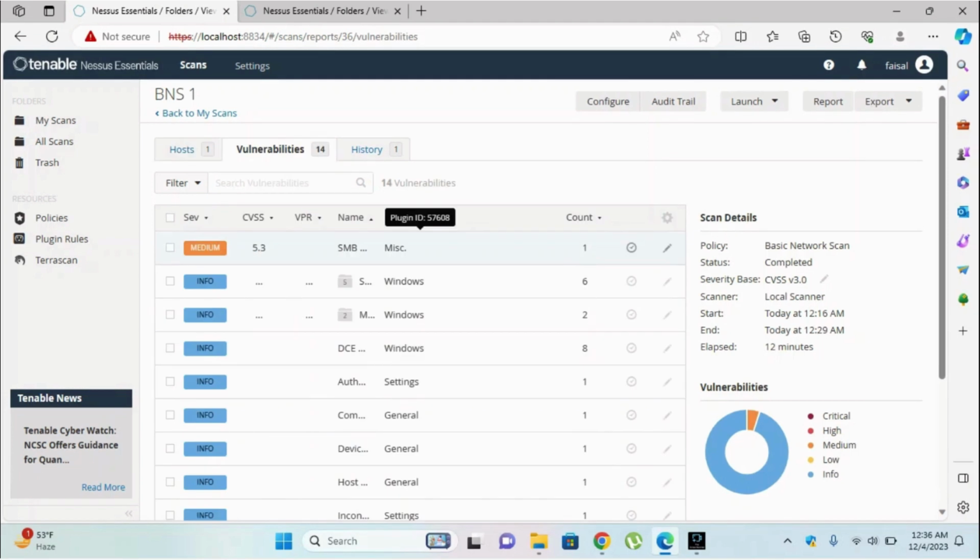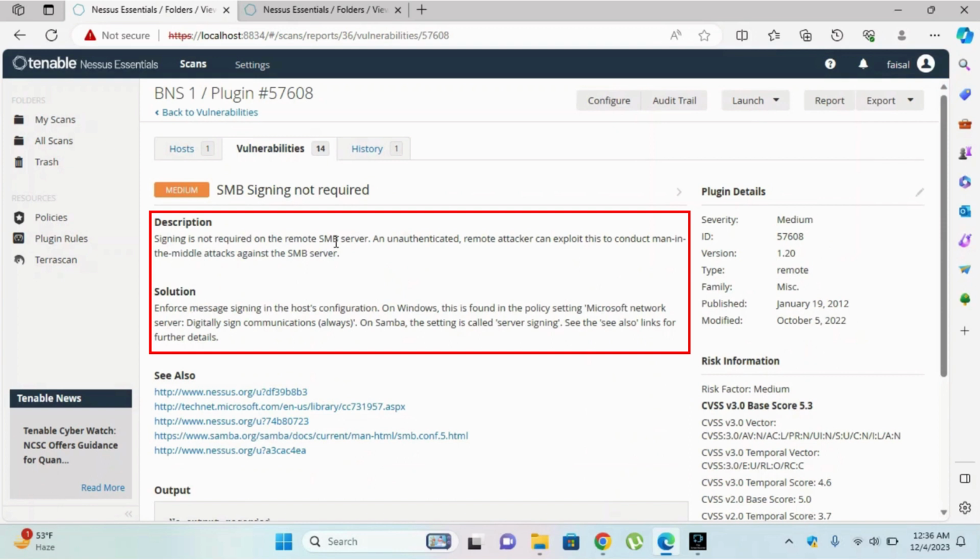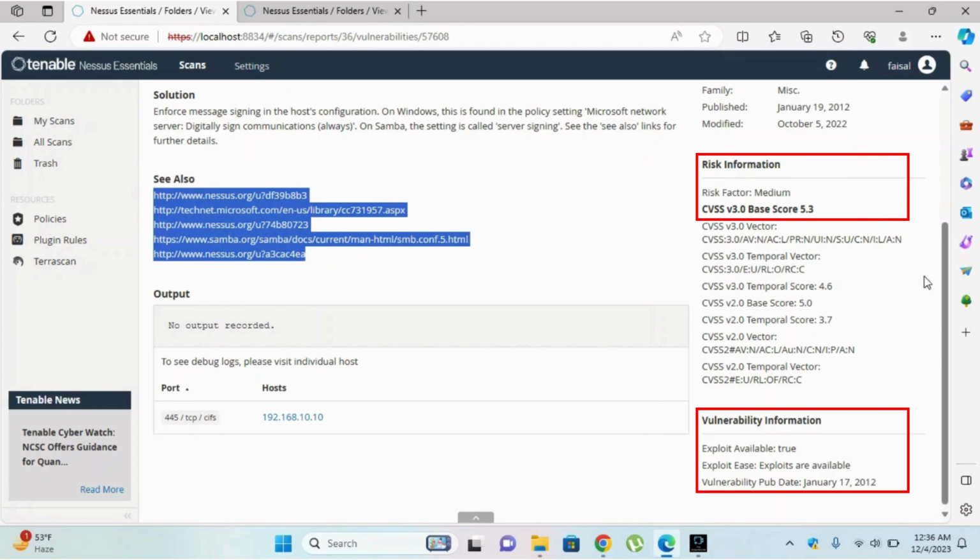The information about a detected vulnerability is shown here. That is, SMB signing is not required for the target PC. Here, the description as well as the solution for the vulnerability is given. In addition to this, the CVSS base score and exploit availability information is also displayed.